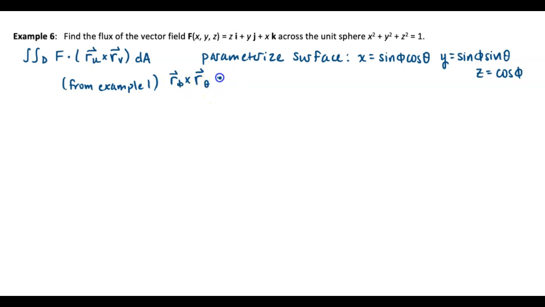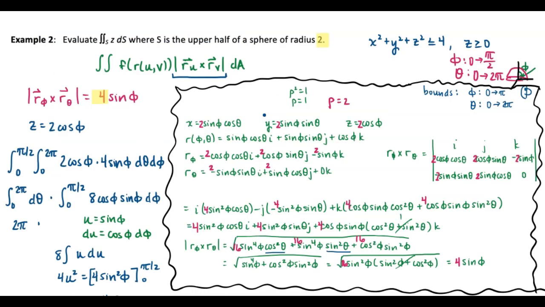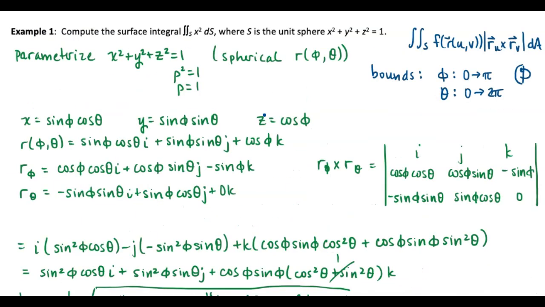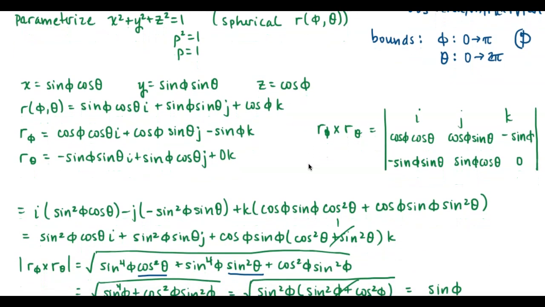Let's go look back at that example. Okay, from example 1, we found this cross product and we simplified it to be this: sine of phi squared cosine theta i plus sine of phi squared sine theta j, cosine phi sine phi k. Let's see if we can remember that.